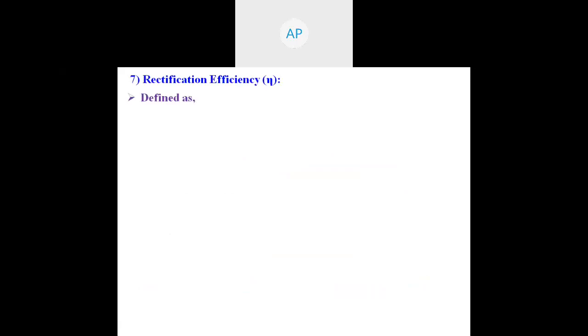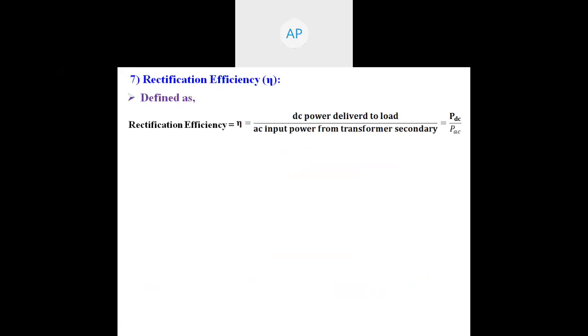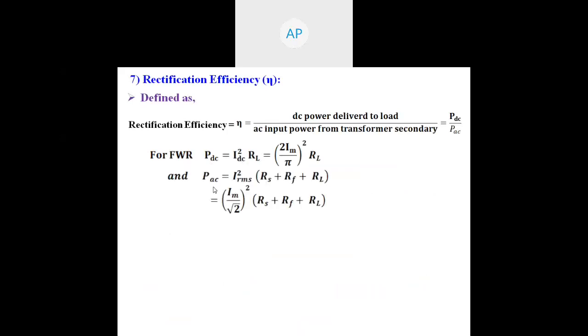Next, efficiency. Now, what is the efficiency? Efficiency is given as PDC divided by PAC. So we want to find out PDC for the full wave rectifier. PDC is given by power law: PDC is equal to IDC square into RL, and IDC we have already found.